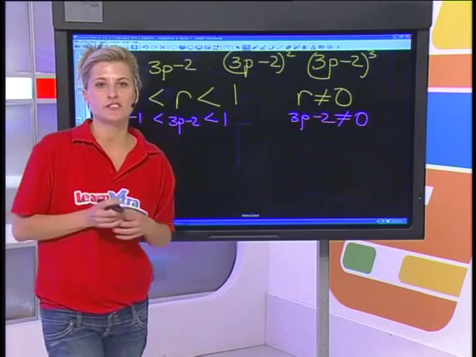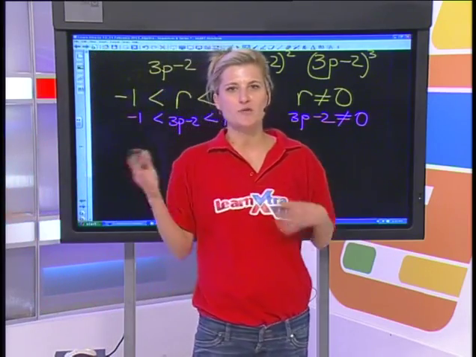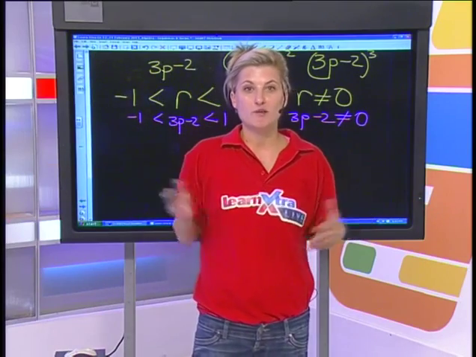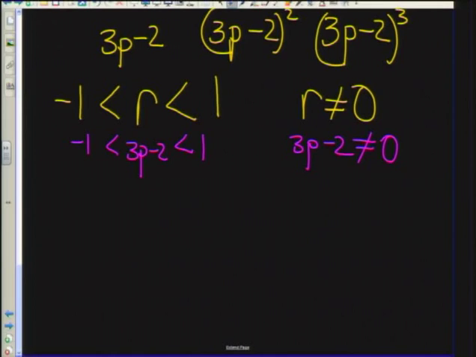Now what you need to do is solve for your variable. Now somebody said, why am I always subtracting 1? It just happened to be that I was subtracting 1 in my examples. But in this example, in order to solve to get p on its own, I'll have to add 2, because I want to get rid of that negative 2 to get p on its own. So now I'm doing that throughout.